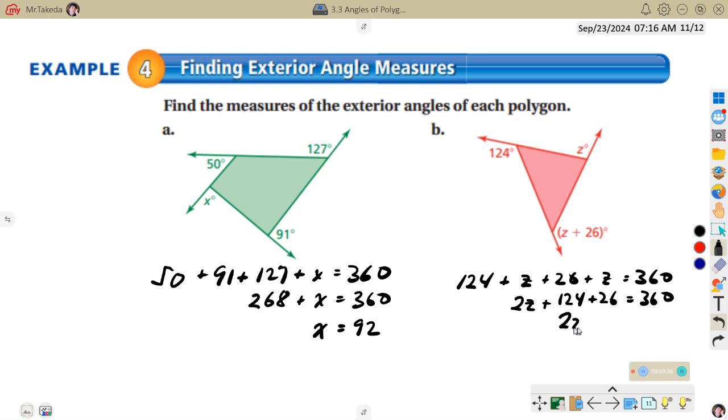So 2z plus 150 equals 360. Subtracting 150 from both sides, 2z equals 210. Dividing both sides by 2, z will equal 105. Z equals 105.